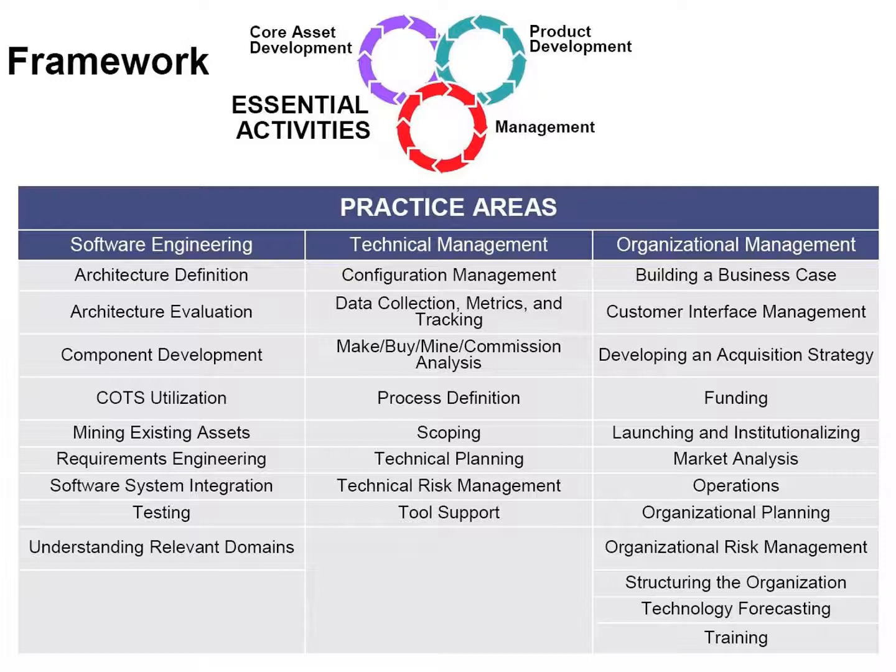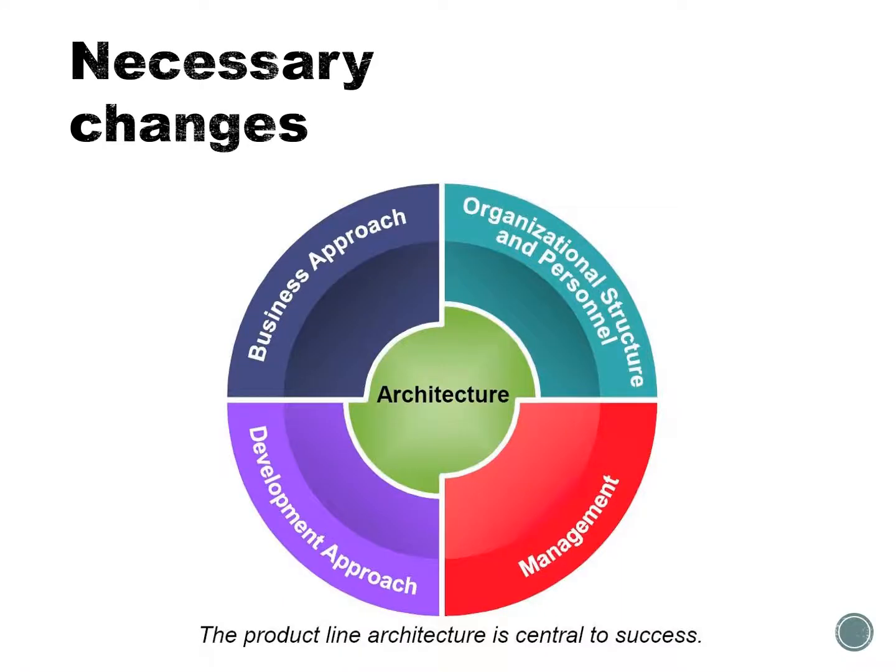Organizational management includes funding and market analysis and operations and these sorts of things. The technical management does the scoping and decisions on what data we need to collect, what configurations we are using, what parts will be used on existing works.